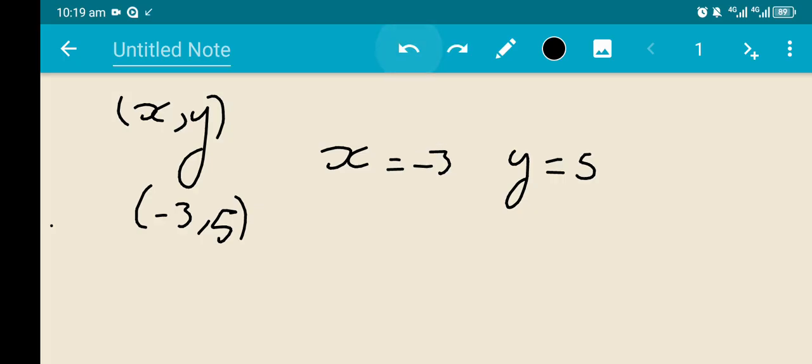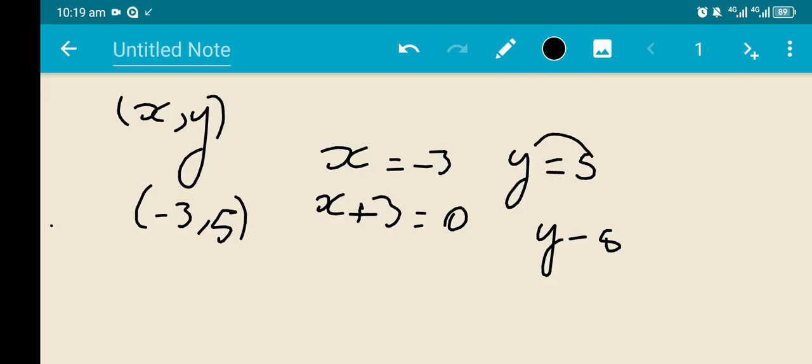Let's then solve it backwards and let this side be 0. So this will be x is equal to, no, rather this 3 goes to the other side. So this will be plus 3, the sign will change, then should be equal to 0. The same goes for this. So this will be y minus 5. This 5 goes to the other side, should be equal to 0.